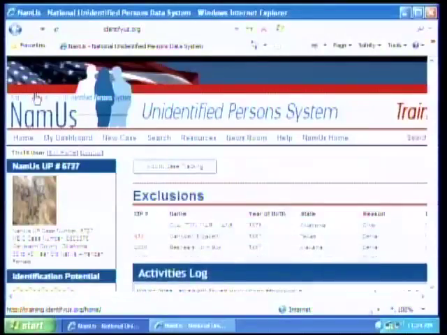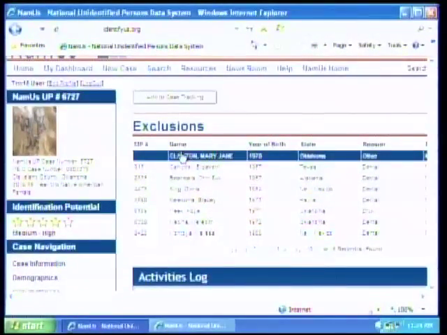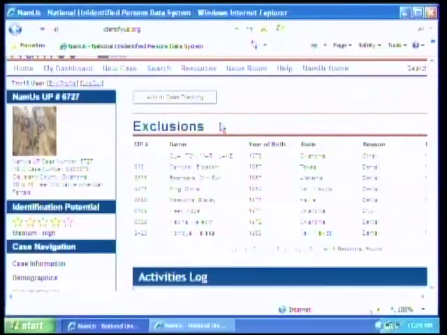But if we were on the real NamUs site and we did exclude Christine Julian as our Jane Doe, we then could go and look at the exclusions, which is right above the possible missing persons matches, open up the exclusions page, and you would see that Christine Julian's name would appear amongst the exclusions. That's viewable by the public, and that lets families of missing people know that this particular unidentified person has been excluded on a scientific basis by somebody within the NamUs system.